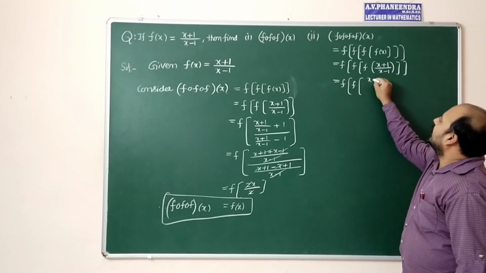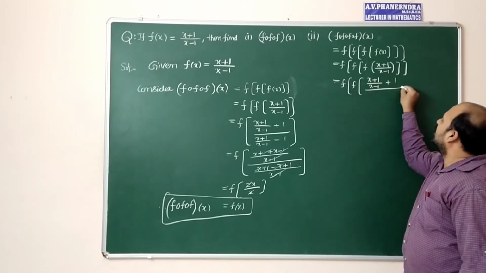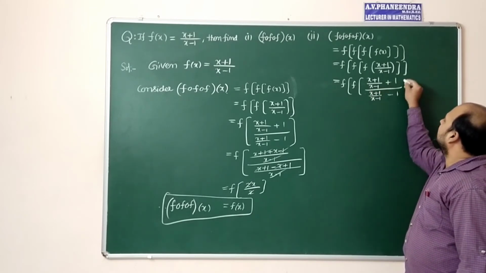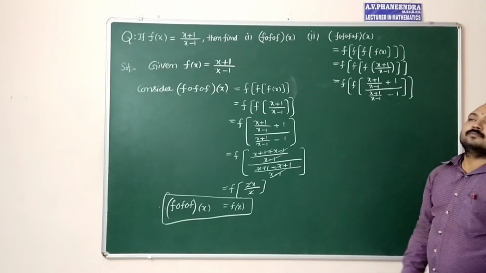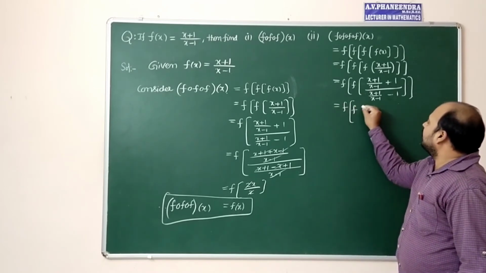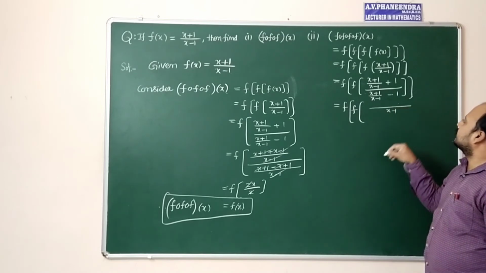Similar way, x plus 1 divided by x minus 1 plus 1 whole divided by x plus 1 divided by x minus 1 minus 1, which is equal to f of, take LCM for the numerator, x minus 1.